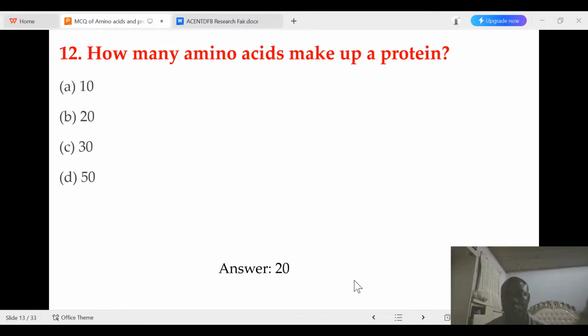Of course, protein generally is used for growth and development of the body. So there are about 20 amino acids used in building proteins. So let's now move to question 13.